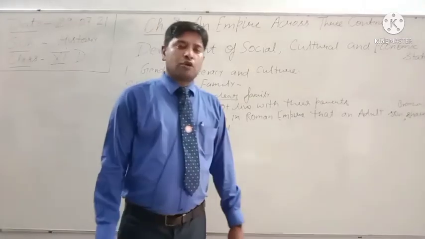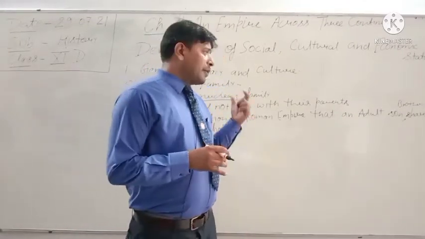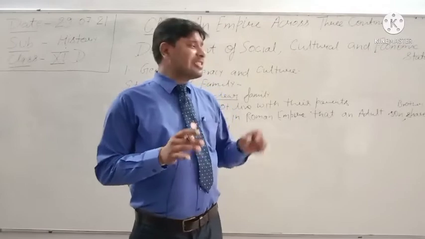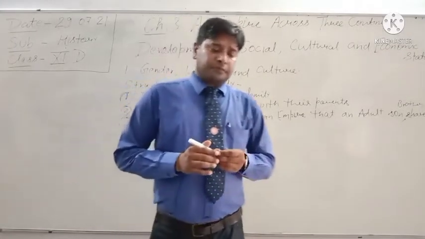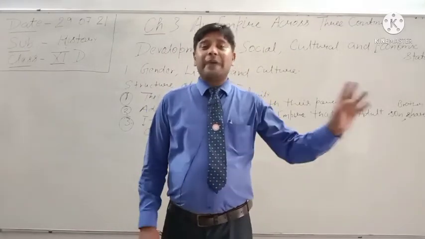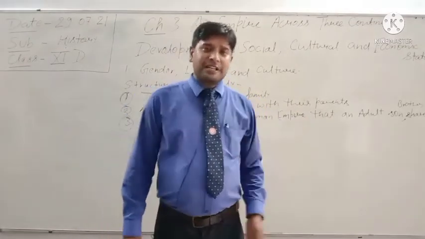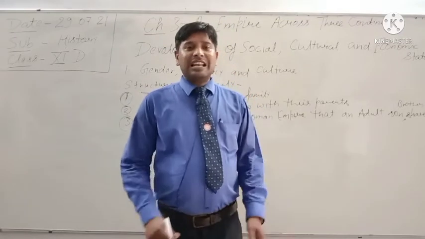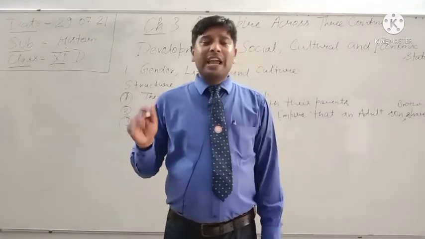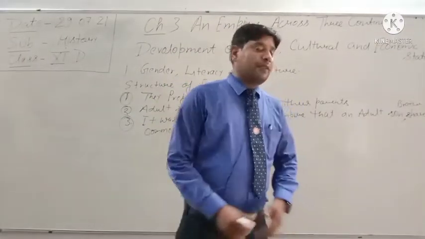Students, it was an exception that in a family, a brother or a son could share a common household. After 18 years, they moved to live separately from their parents, their brothers, their cousins, etc. They lived separately after 18 years when they became adults. Students, slaves were included in the family.